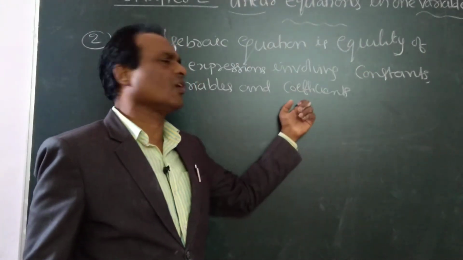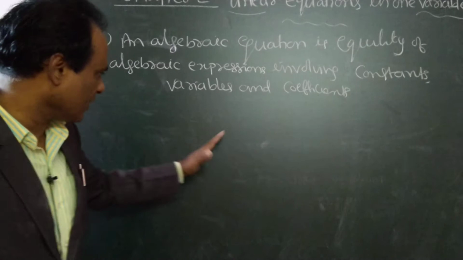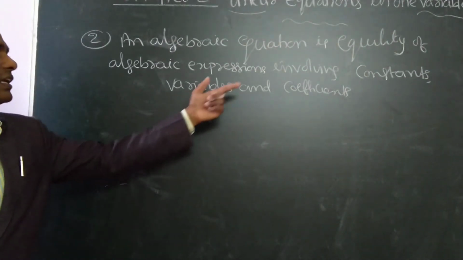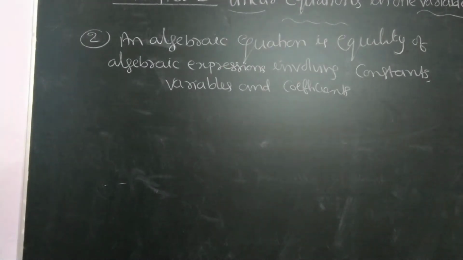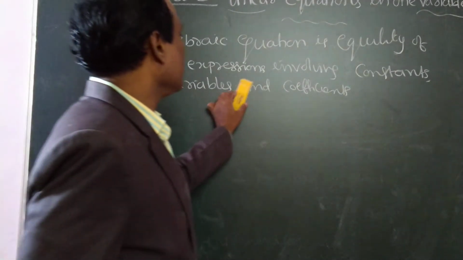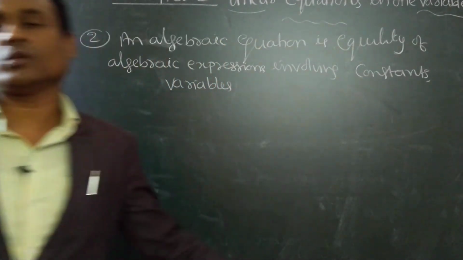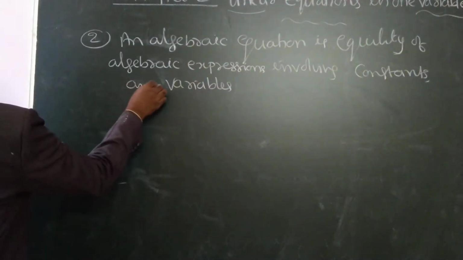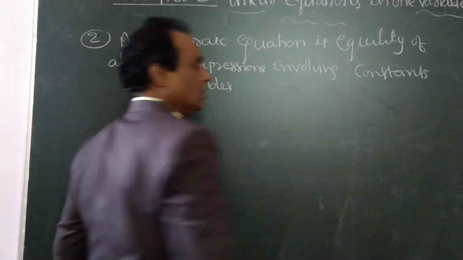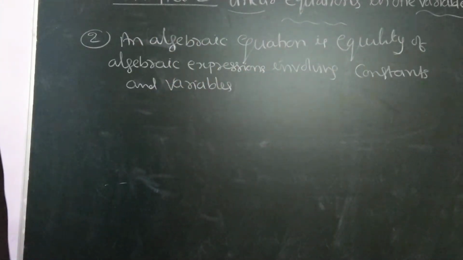A constant is also called a coefficient if it is multiplied with x. Write down. Or you can stop here, that's all. Constants and variables. Next.